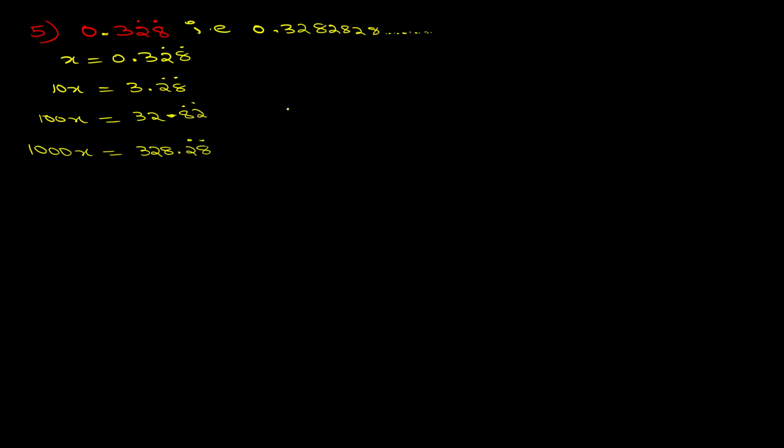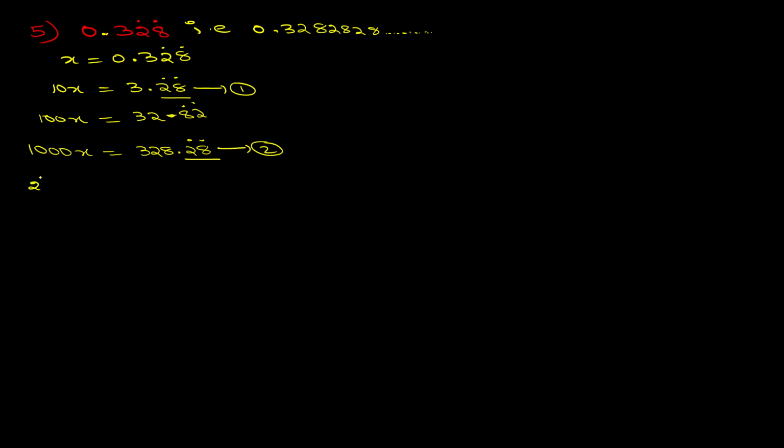If you're having confusion by putting a dot on the top, you can just write the numbers normally as I've written here and then try it so that you're going to have it correctly. Now you can see this equation and this equation have the same decimal part. These are the same.